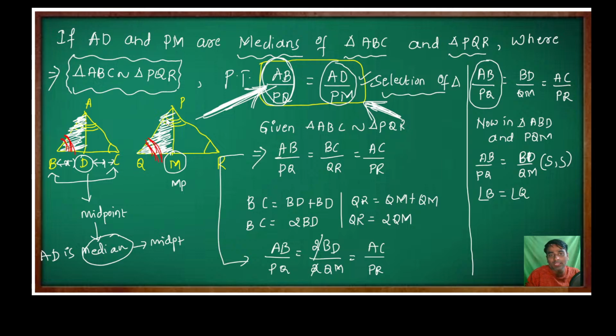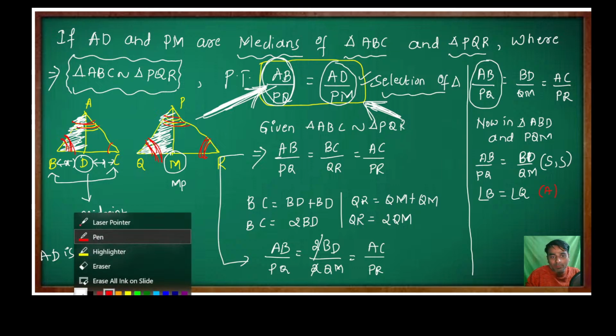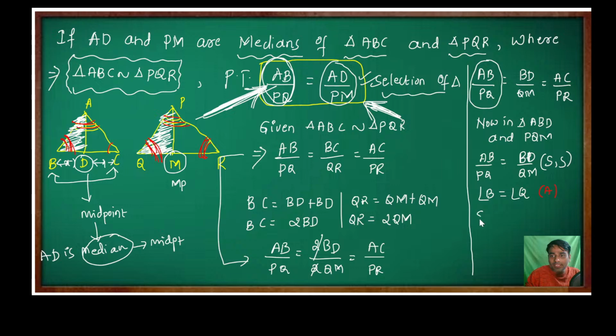They only gave these angles are equal. So here I got one angle now. So by which proportionality condition? SAS. By SAS condition, I can say triangle ABD is similar to triangle PQM.